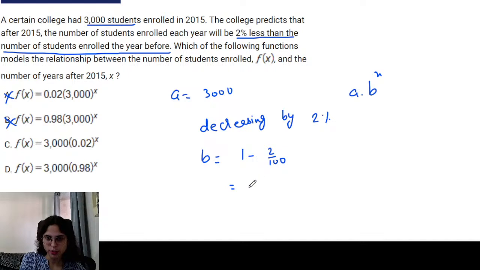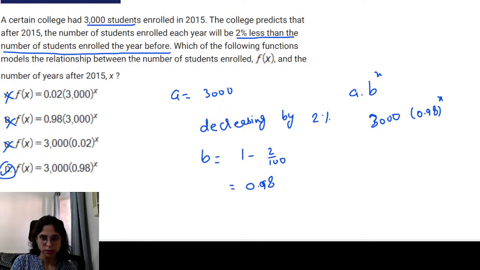That's 1 minus 0.02. Answer is 0.98. So A is 3000, B is 0.98. This is your answer. This is also gone. So 3000 times 0.98 to the power x. Got it?